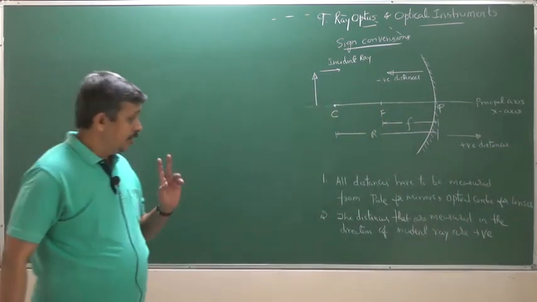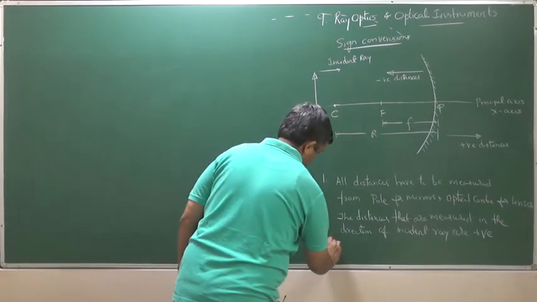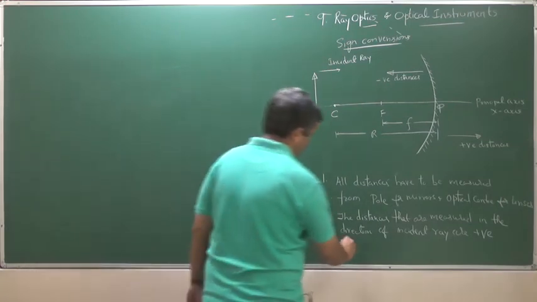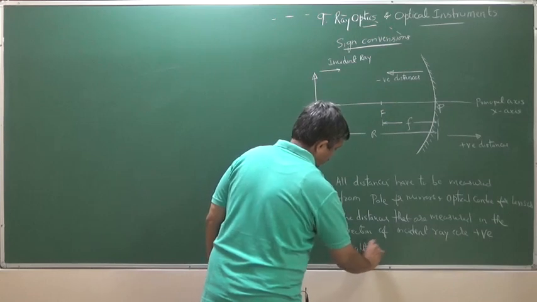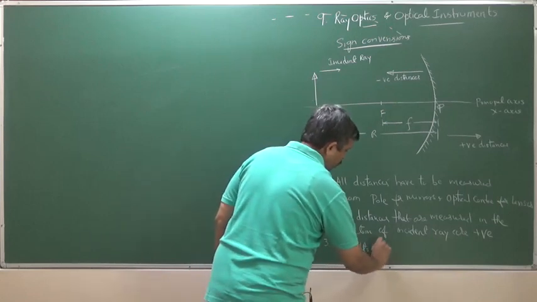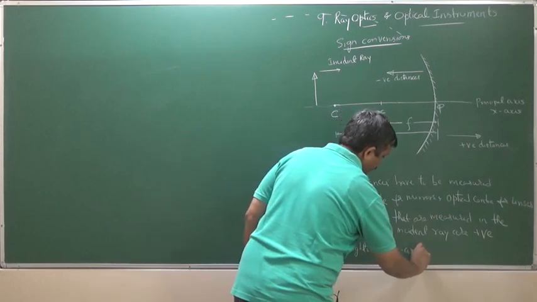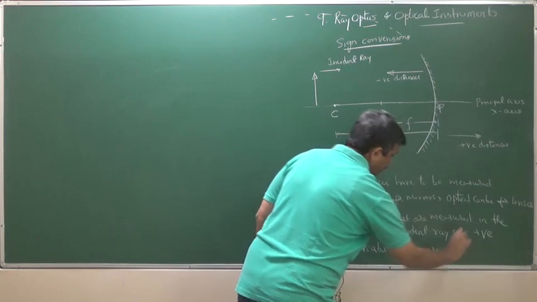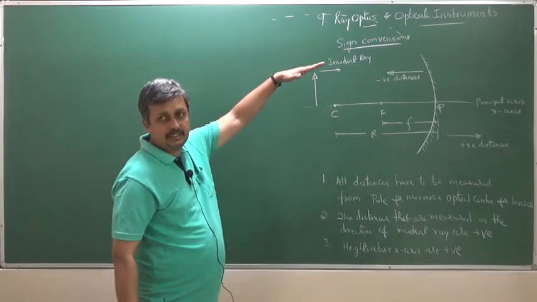Okay. Then, lastly, heights above the x-axis are positive. That means whenever you want to measure heights, you measure from this axis.